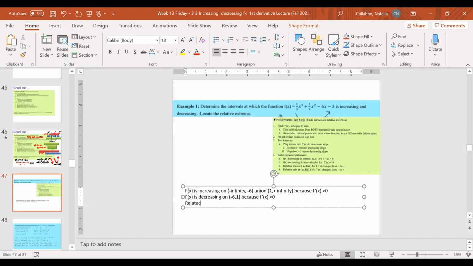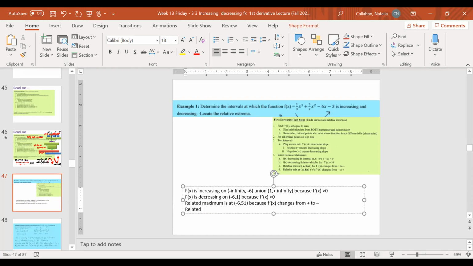And you can say that your relative maximum is at (negative 6, 51), because f prime of x changes from positive to negative.